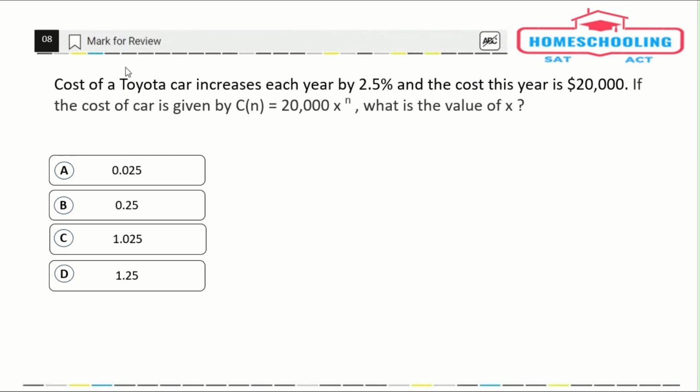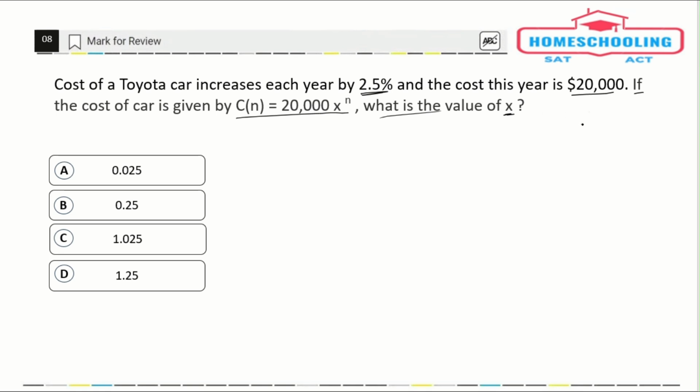In this question, it is said that the cost of a Toyota car increases each year by 2.5%. And the cost this year is 20,000. If the cost of the car is given by this equation, Cn is equal to 20,000 x to the power n, what is the value of x? So we have to find the value of x. As we know, the cost of the car increases by what percent? 2.5.